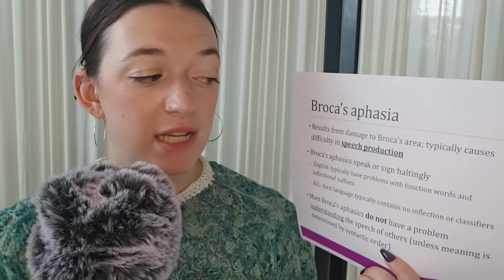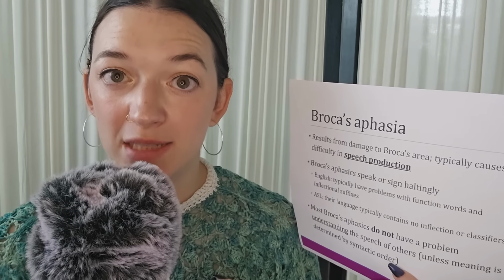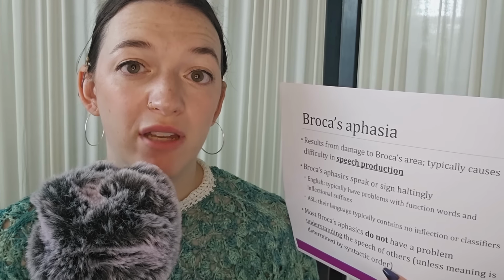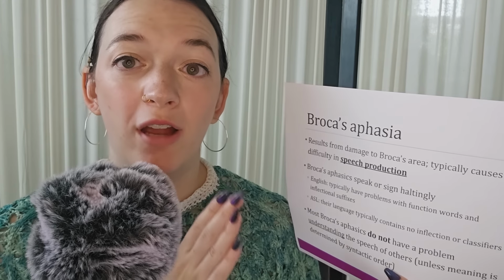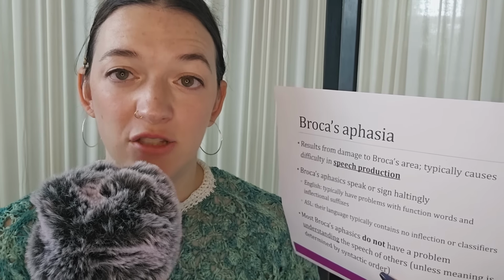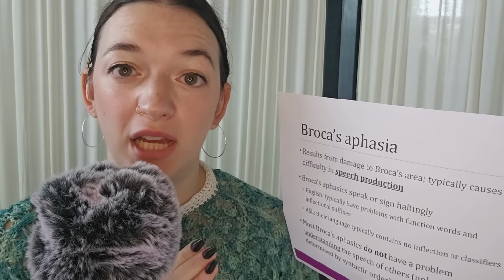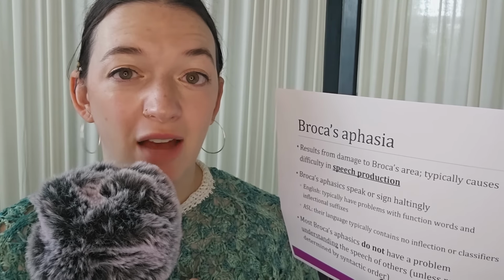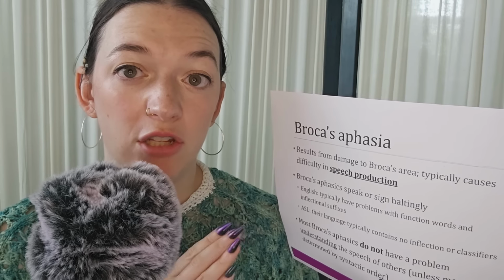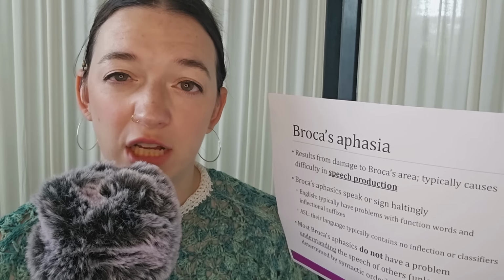So what that means is that if someone suffers from Broca's aphasia, they can understand speech, but have difficulty producing speech, but they do have difficulty understanding speech where word order is essential for understanding. So things like I saw him versus he saw me, or even something that does not have any case like the man saw the dog versus the dog saw the man, may be more difficult for someone with Broca's aphasia to understand.